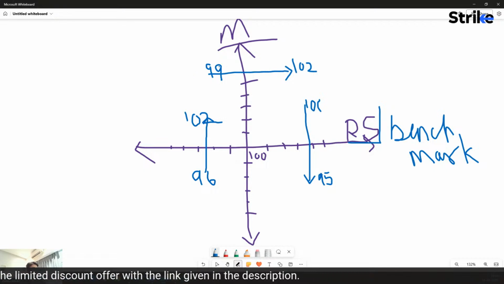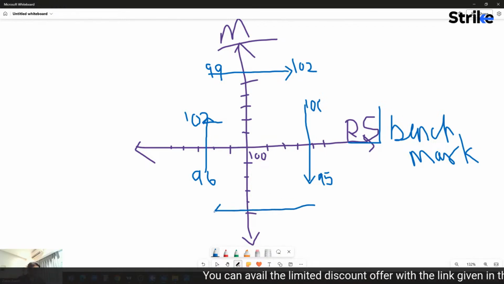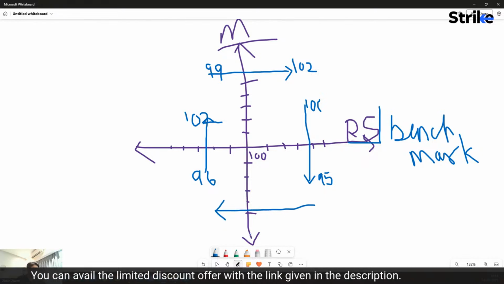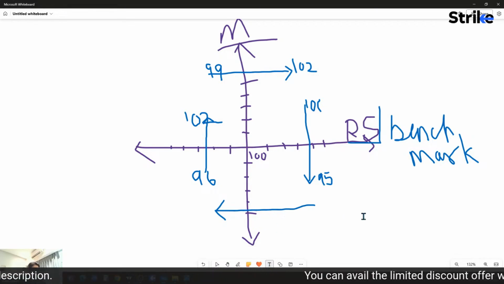So what has happened? This particular index is outperforming the Nifty 50. And if the arrow is sloping towards the left, it means that this particular index is underperforming. Is that clear, my friends?